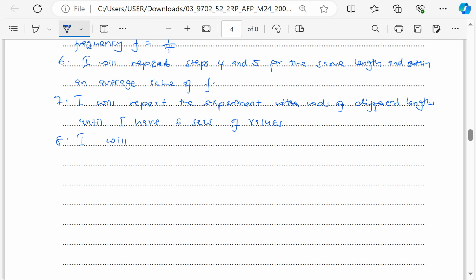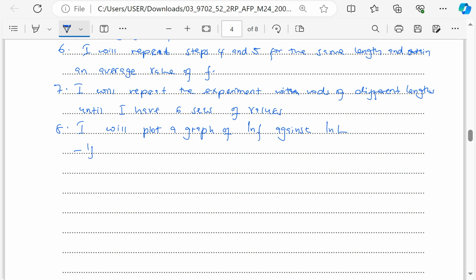So I will plot a graph of ln of f against ln of L. So on this graph, if it is a straight line through the origin, no, it's not through the origin, sorry about that.